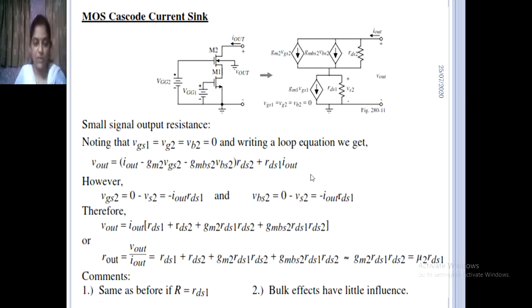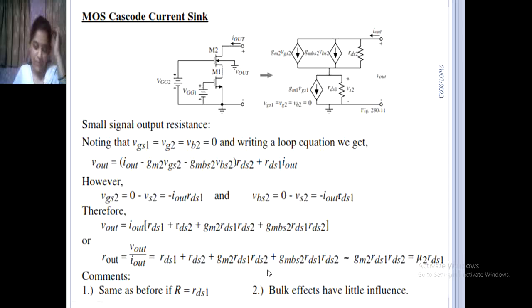We have repeated the same thing here. Putting in the values and taking I out common, then writing R out, I out gets cancelled and whatever remains we have written here. This second term we again take out because it is a higher value, so it is nothing but this.